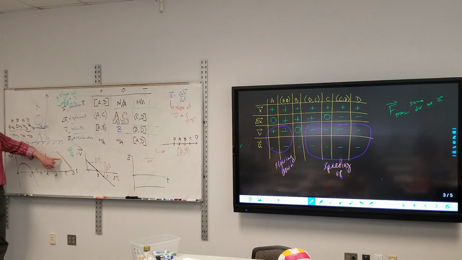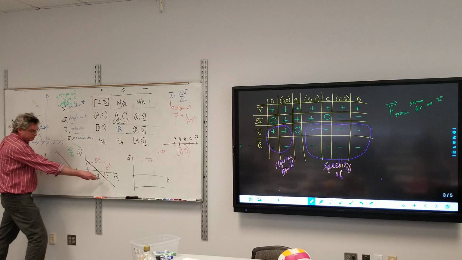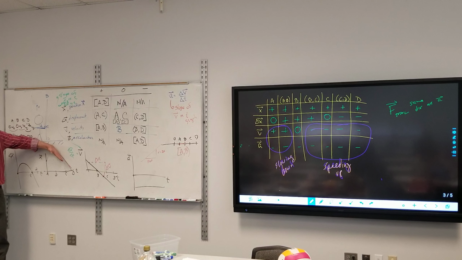Well, this is a negative slope. Negative slopes go like that, positive slopes go like this. Zero slope goes like that. Positive, zero, negative. The slope is negative here. My velocity should be negative there. My slope gets more and more negative because it's getting steeper.